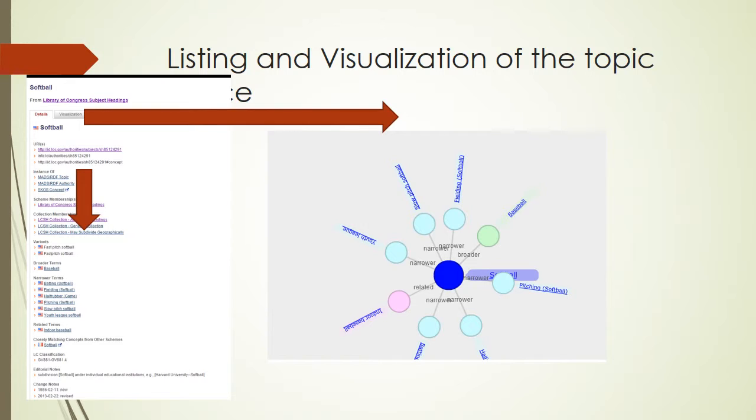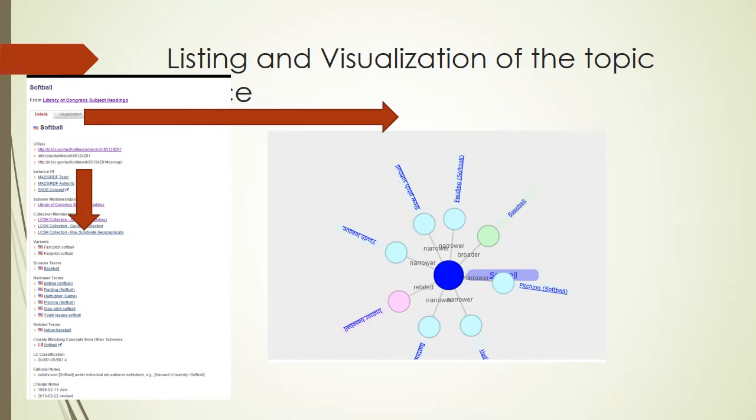So you could put softball -- North Carolina, softball -- Taiwan. We see the broader term. We see narrower terms, including the term pitching (softball). We see related terms. We see closely matching concepts from other schemes.